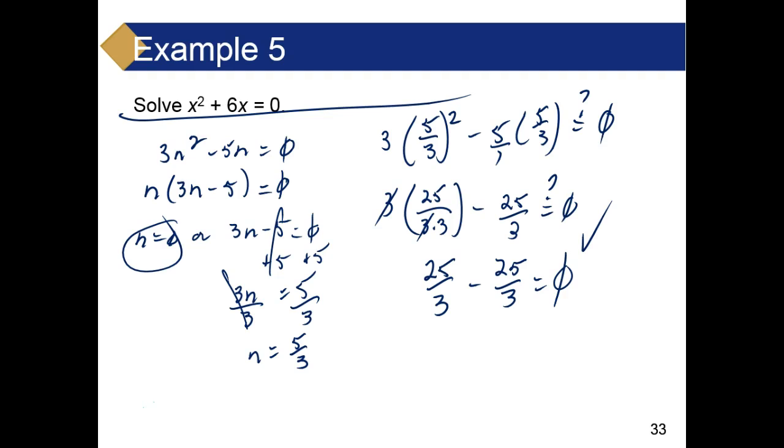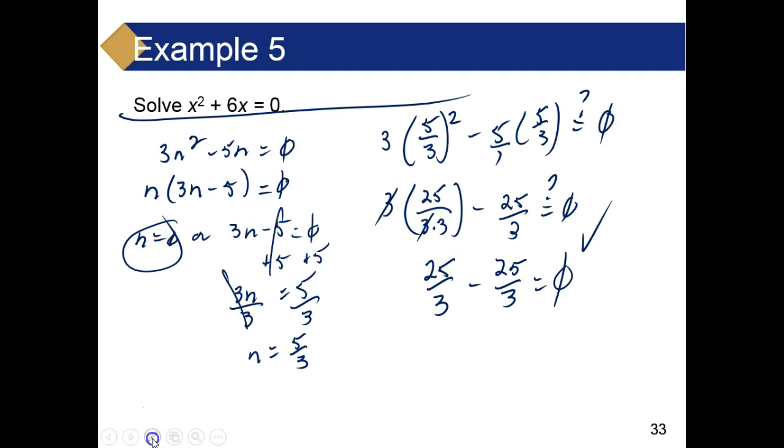Bingo. Any questions on that? I think checking was harder than working the problem, wasn't it? It's usually a good idea to check. I just always like to make sure I got the right answer, so I like to check them.